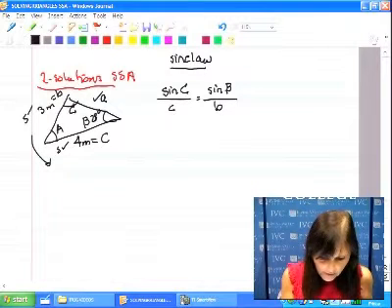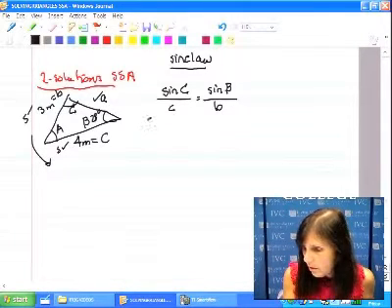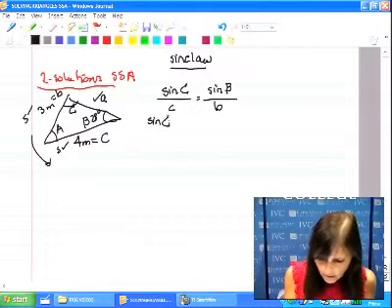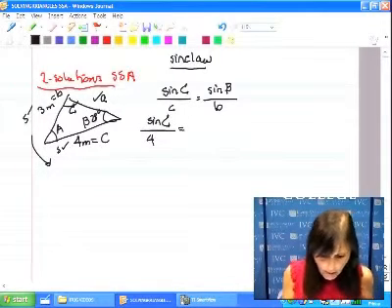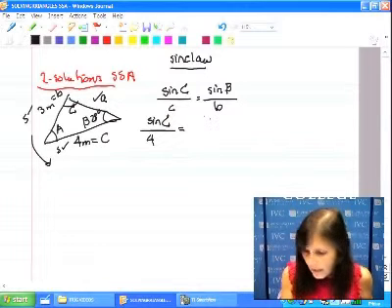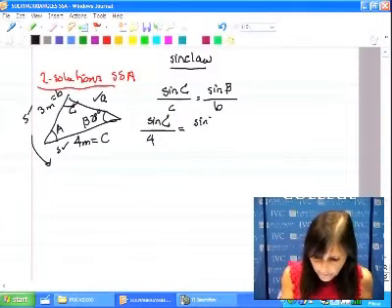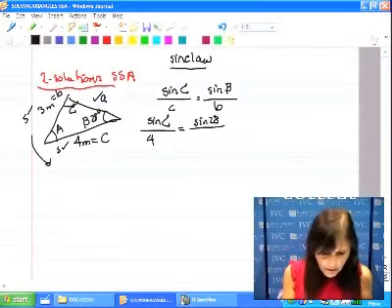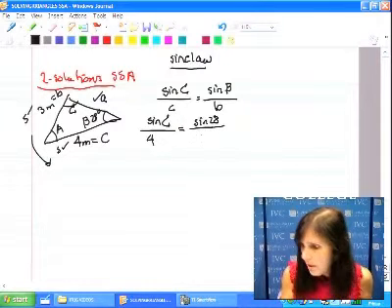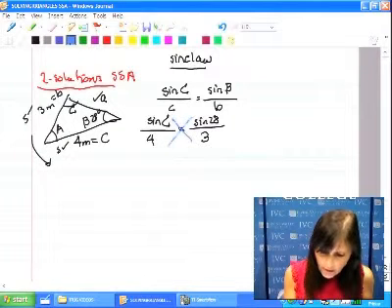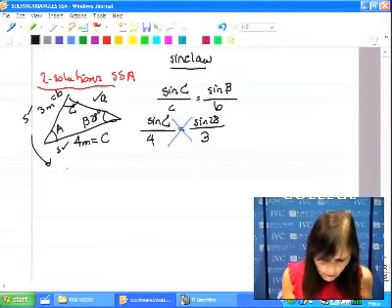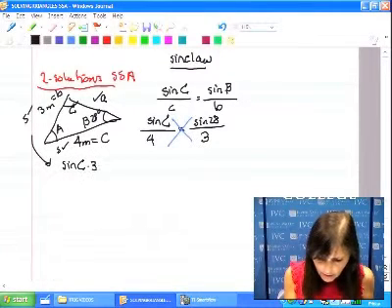So sine C, the big C, I do not know. And little c is going to be 4. Sine B is 28. And little b is 3. So let's crisscross and let's get the sine C solved. Sine C times 3 equals 4 times sine 28.